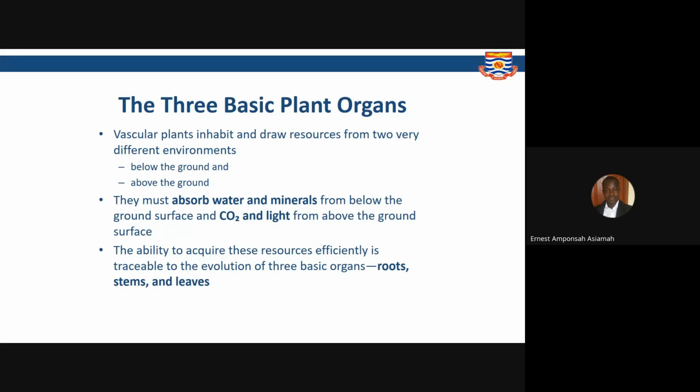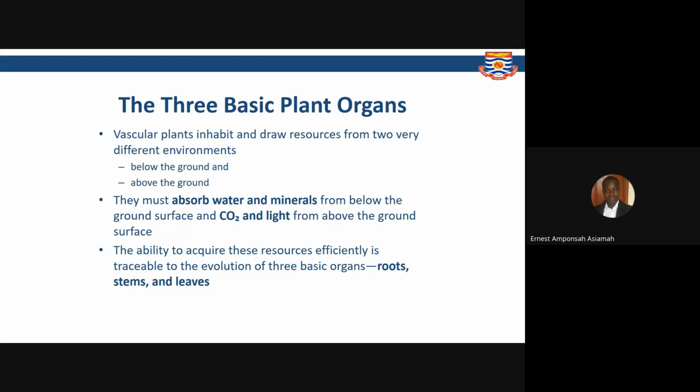Most of the plants around us are vascular, because they have systems that conduct water and food within them. The roots, stems, and leaves all complement one another.